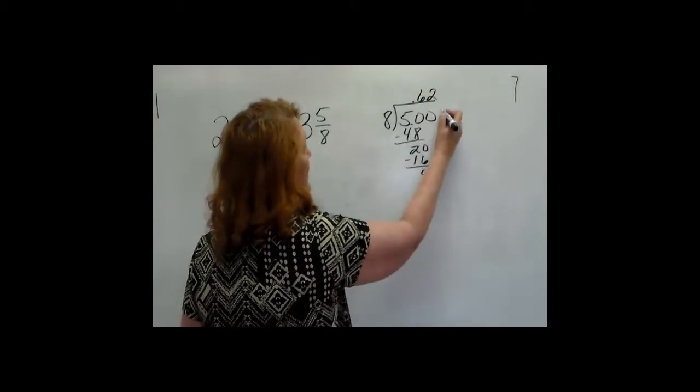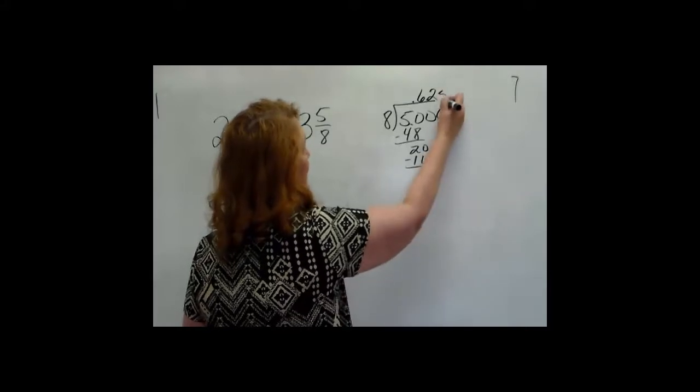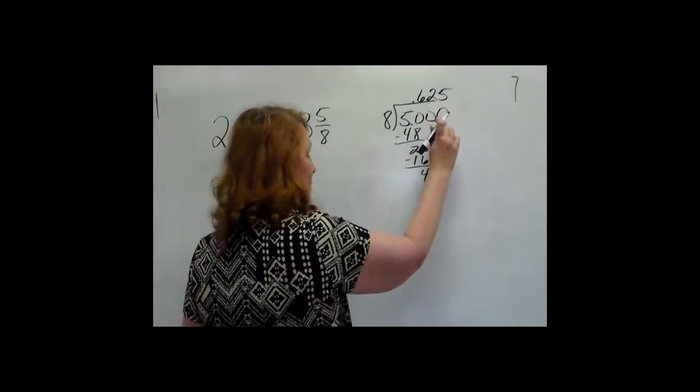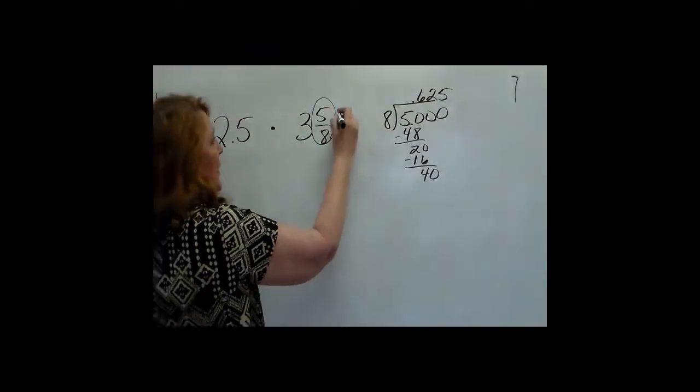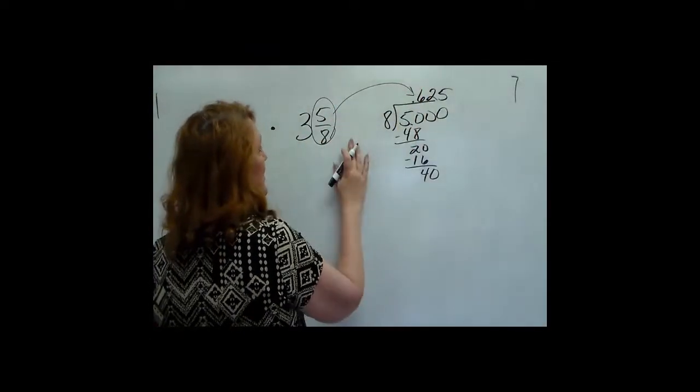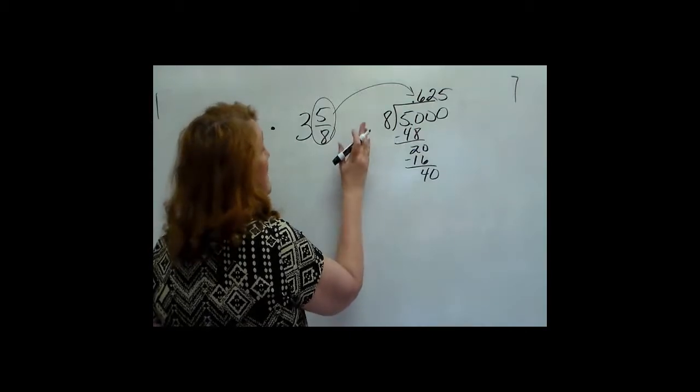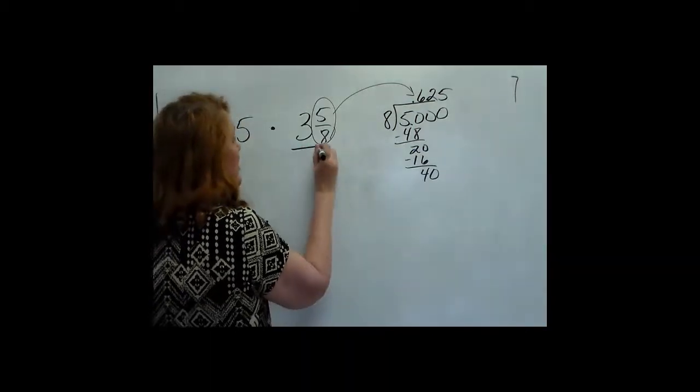And I know that every time I do 8, I've got to take it out to 3 places, but it'll be done in 3. This is 625.